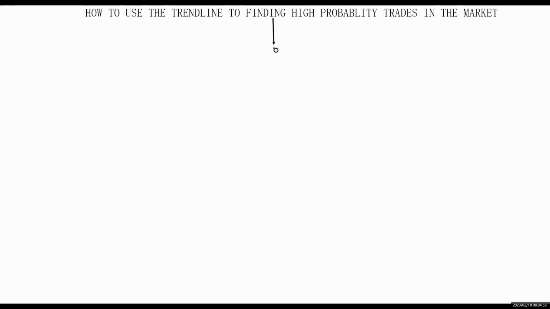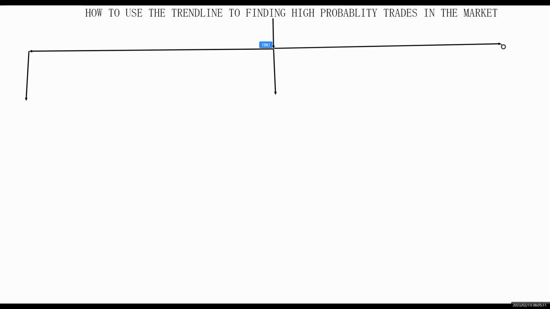So for us to get into that, I will actually link it into three different scenarios. We have scenario one, scenario two, and scenario three, where we could use the trend line to find high probability trades.